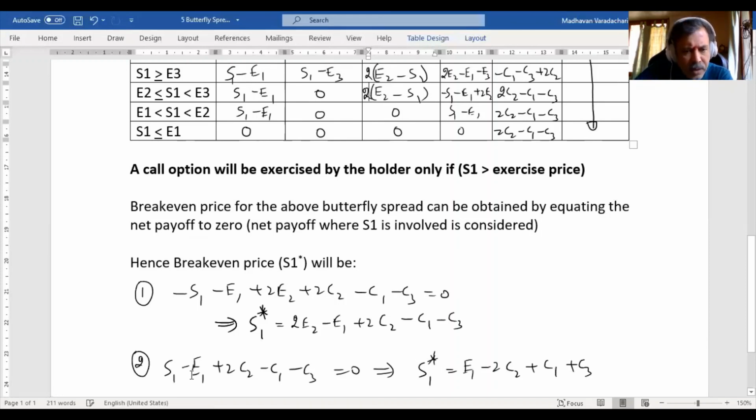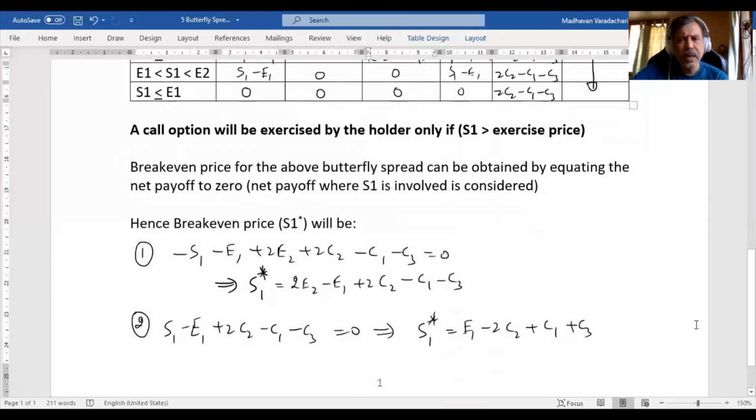I took all the elements to the right hand side, so the sign will change. Negative E1 became positive E1, positive 2C2 became negative, minus C1 became positive, minus C3 became positive. So that's how we calculate the break-even price.